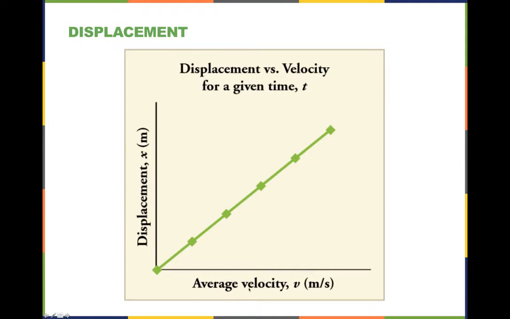Now if you map or chart an average velocity versus displacement, at any given time you'll be in this setting. So displacement versus velocity for a given time t, and that's what this mapping is.